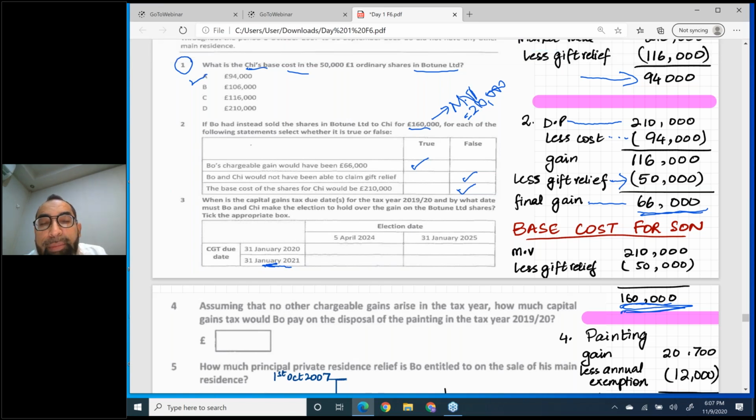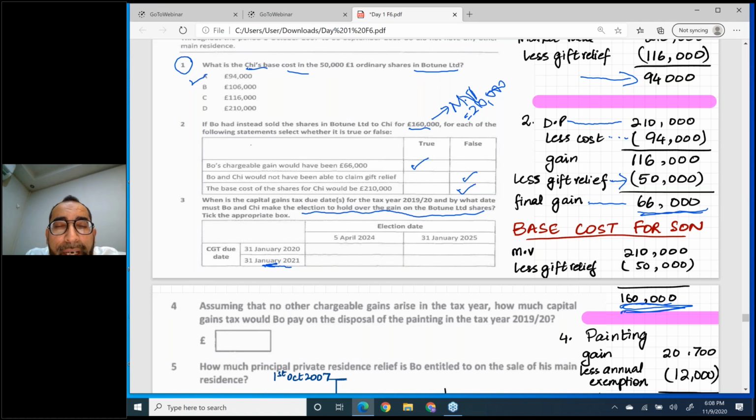One more thing the examiner is asking: by what date must Bo and Chi make the election to hold over the gain? I already told you when I was teaching entrepreneur relief that there is a claim date, an election date for all reliefs.